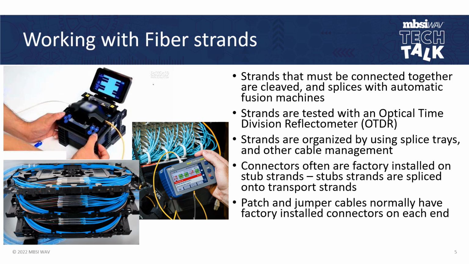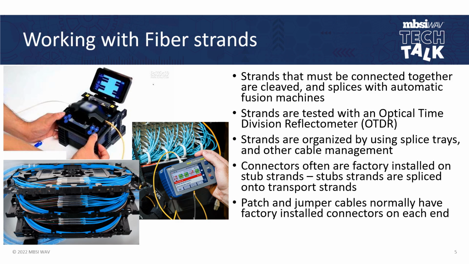On the right here, we see a patch panel that's in a data center, and he's of course using an OTDR to test one of the connections, one of the strands that are connected to the patch panel itself, and away you go. Sometimes we purchase the patch and the jumper cables that have factory installed connectors on either end.